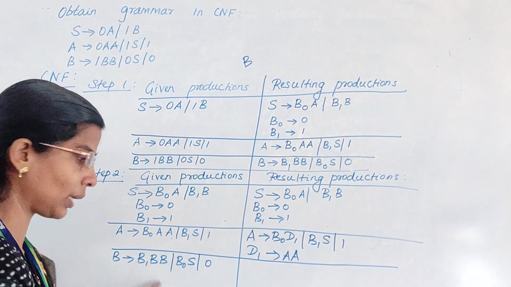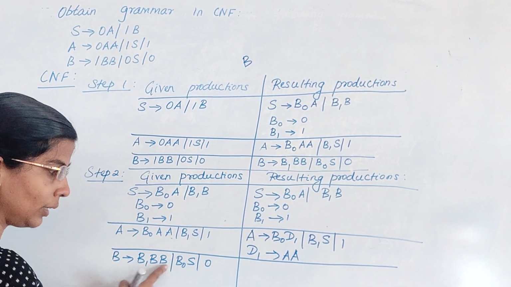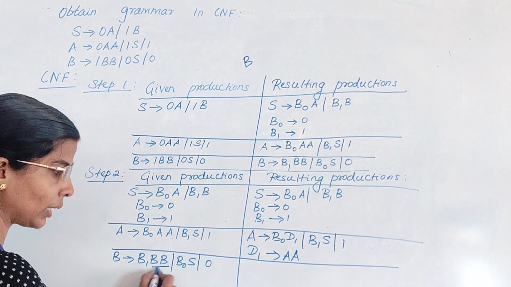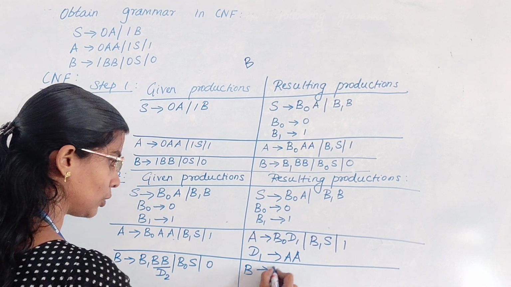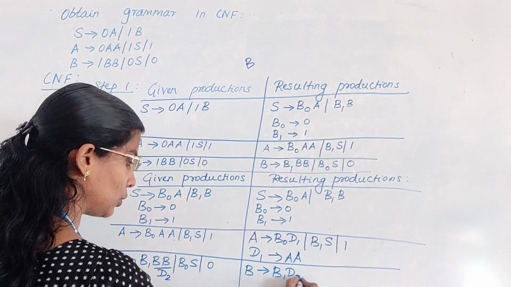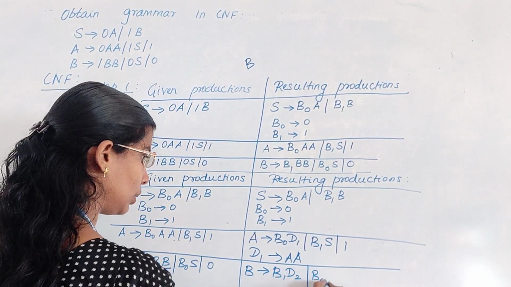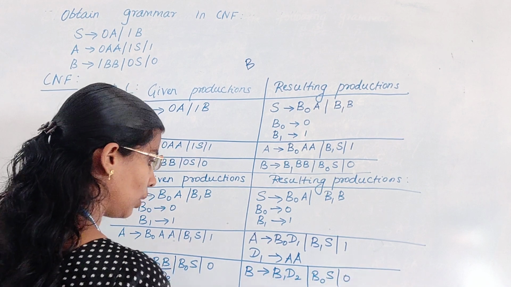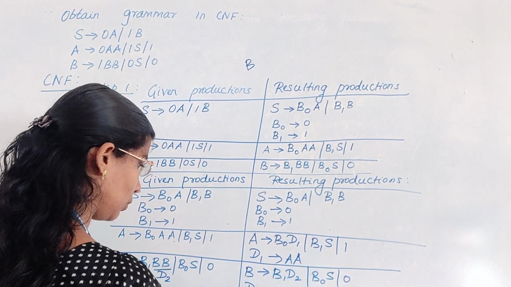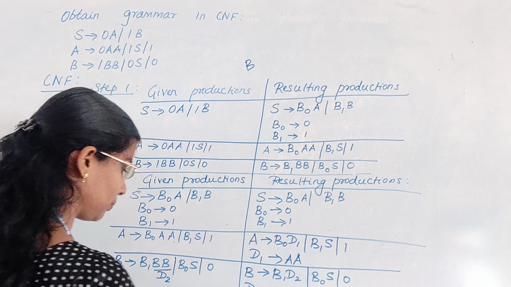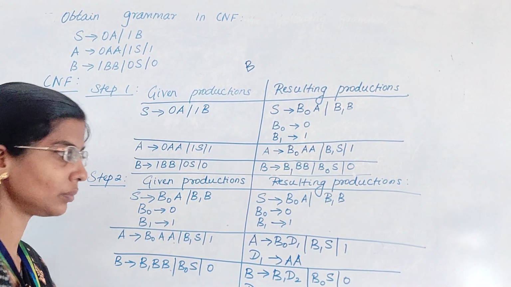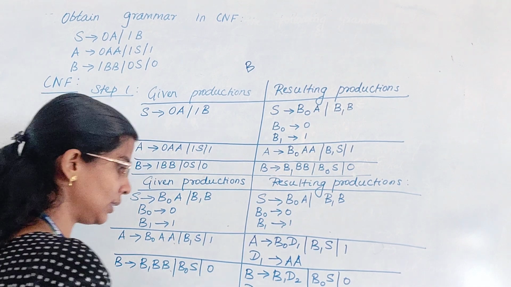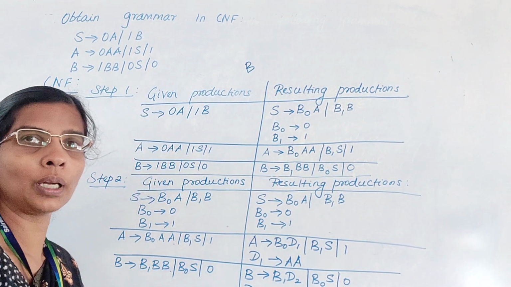I should group from right. When I group these two, I give a new name like D2. So I write B tends to B1 D2 or B naught, yes, or 0. What is D2? D2 is BB. So this is the end of step 2.